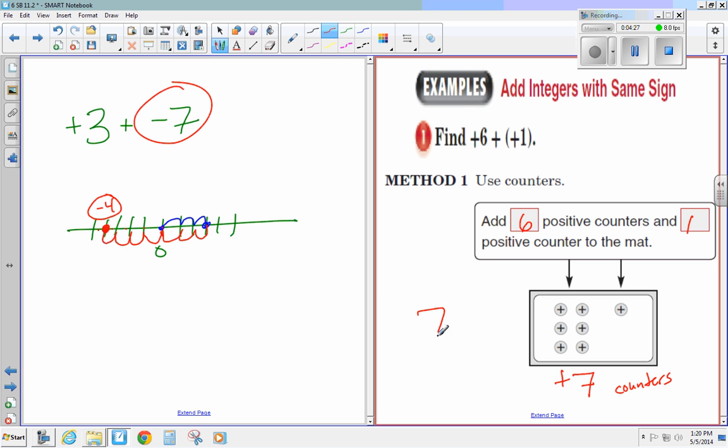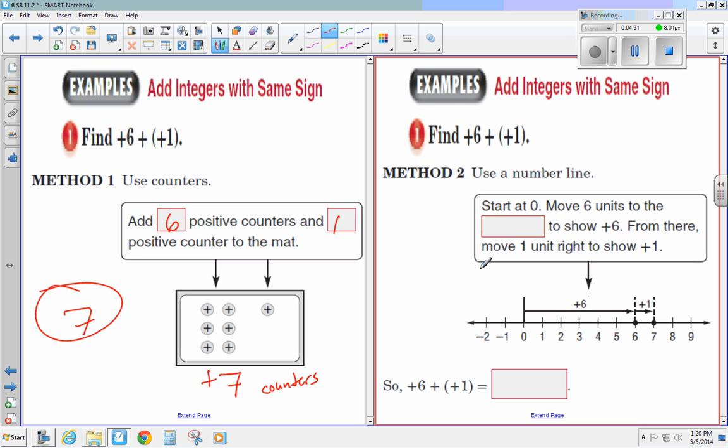So the answer is 7. Here, 6 plus 1, using a number line: you start at 0, move 6 units to the right to show positive 6. From there, you move 1 unit right to show positive 1, and now you'll see that we are at 7. So 6 plus 1 is 7.